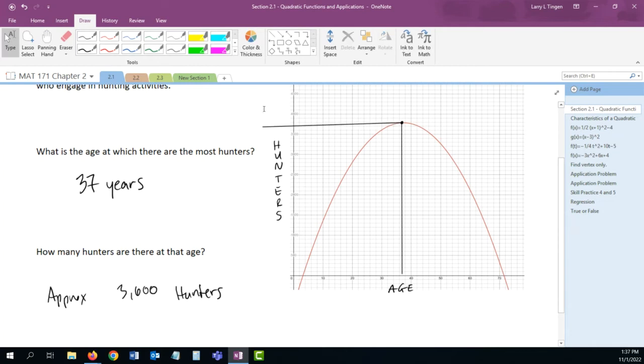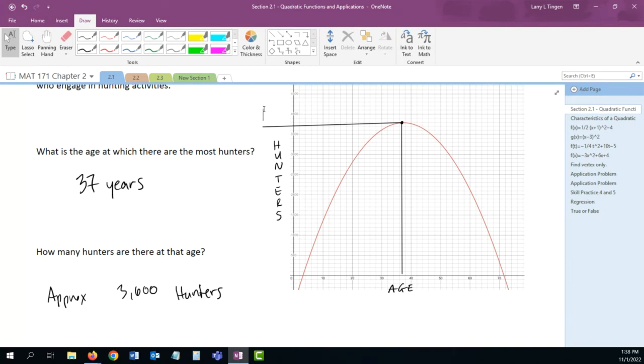We have a name for this. What is this point? What does this point represent here? Is it a maximum or a minimum? Maximum. Yes, it's a maximum, right?